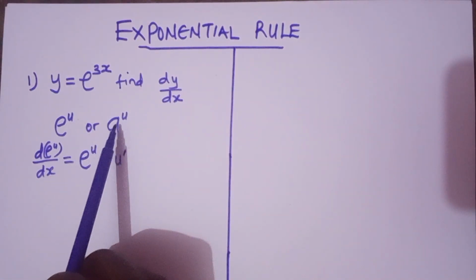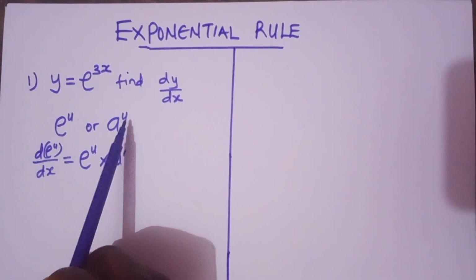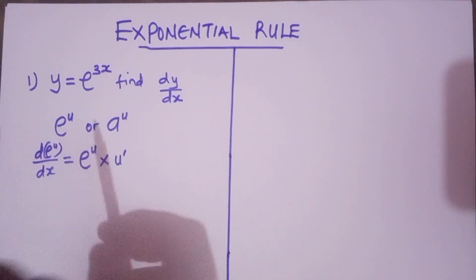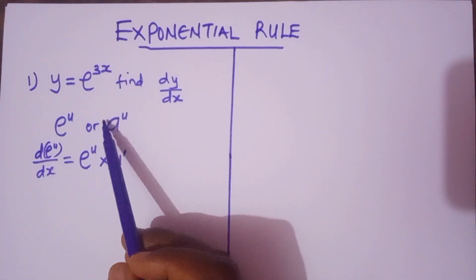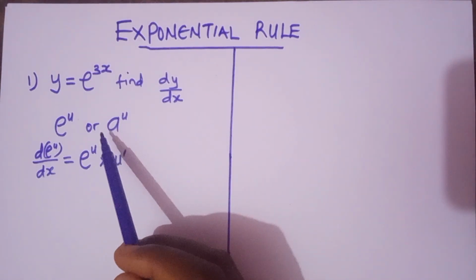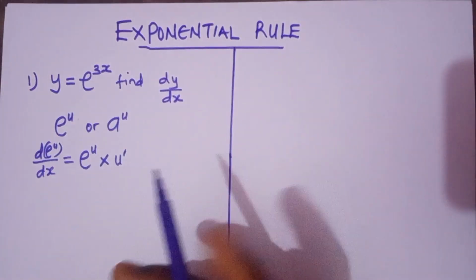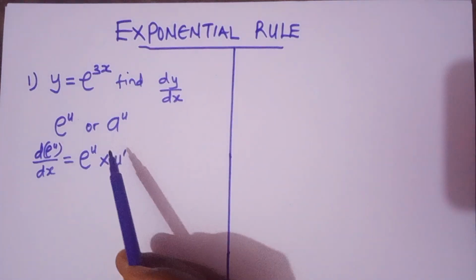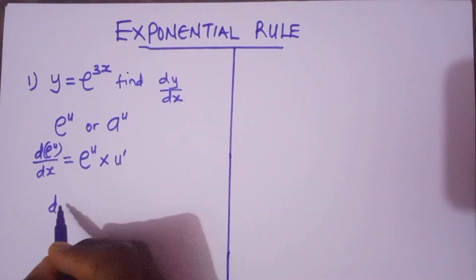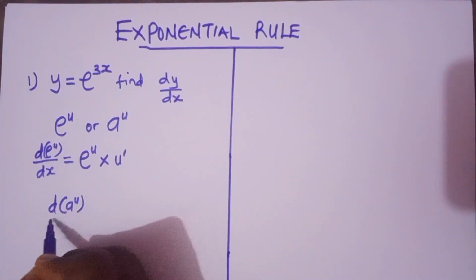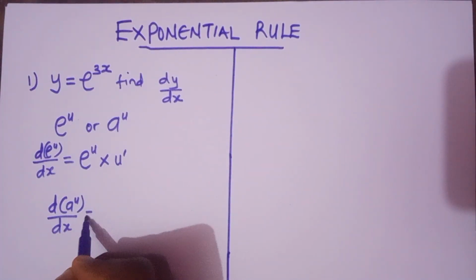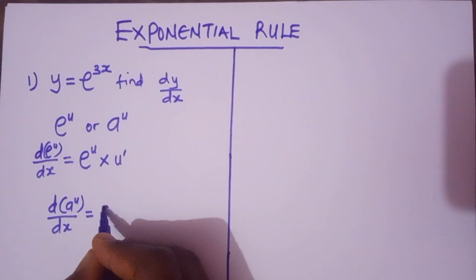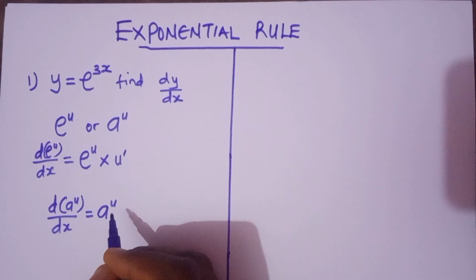But to find the derivative of a raised to power u, any function that does not have e in it and has any other alphabet or a number, we call it the base. So to differentiate this, d of a^u over dx is equal to: first repeat the same a raised to power u.